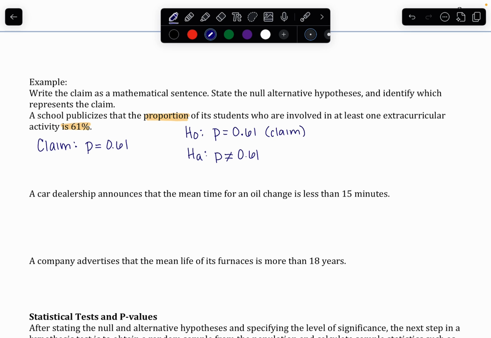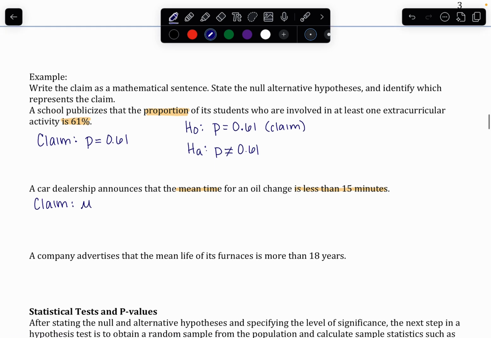Our second problem. A car dealership announces that the mean time for an oil change is less than 15 minutes. So our mean is less than 15 minutes. If we want to write the claim as a mathematical sentence, it would be mu is less than 15. Looking at our null and our alternative hypothesis, we want to start off by looking at our claim.